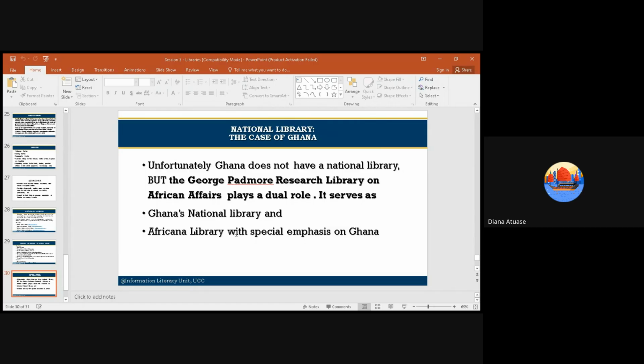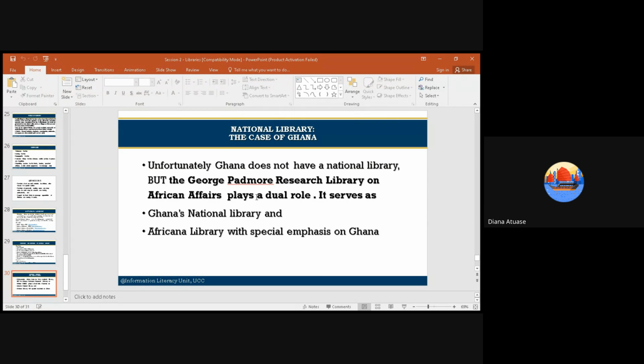Ghana is not having a national library, but there is a library that is acting as a national library. And that library is called the George Padmore Memorial Library. In your manual, this is how it is. It can also be called George Padmore Research Library on African Affairs. So it's the same thing.